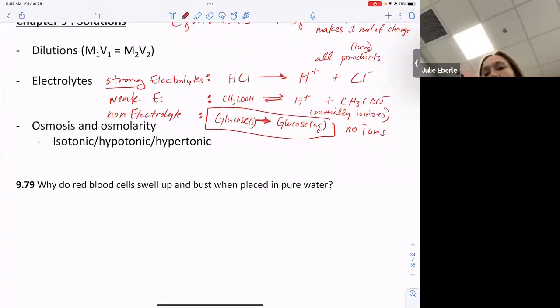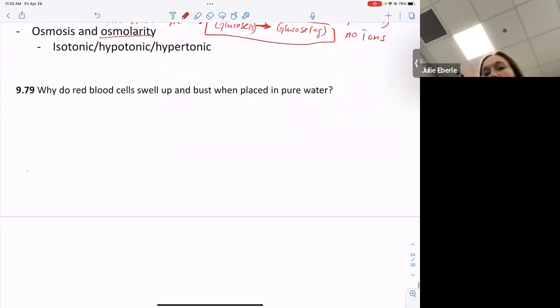Okay, osmosis and osmolarity. So osmolarity, I did not leave space to define this. This is the number of particles per liter of solution, okay? So again, how do you define a particle? You're not looking at charge here. You're just considering, do I have a substance that breaks apart into ions or not?